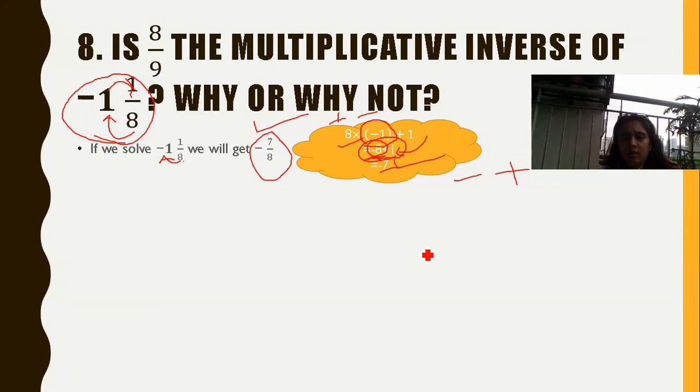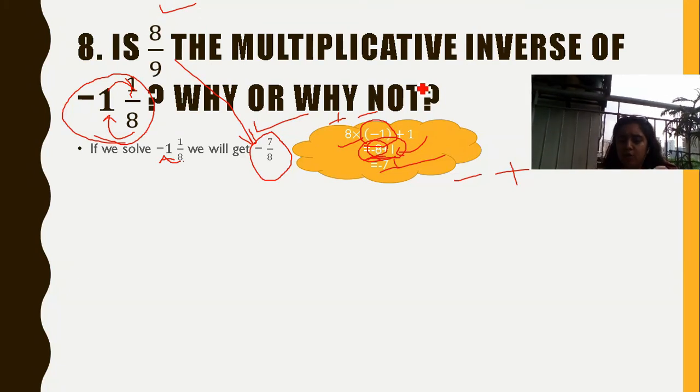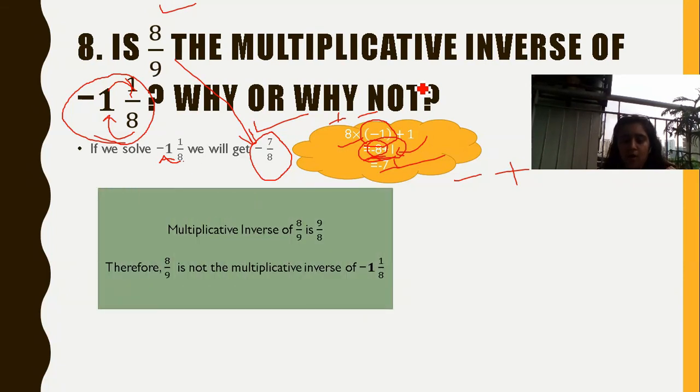So in this question we have to find out whether 8 upon 9 is the multiplicative inverse of this number. First we will find out the multiplicative inverse of 8 upon 9, and you know that in order to find the multiplicative inverse of any number we just change the numerator to the denominator and the denominator to the numerator. So the multiplicative inverse of 8 upon 9 is 9 upon 8. What I have done is just swap these numbers with each other.